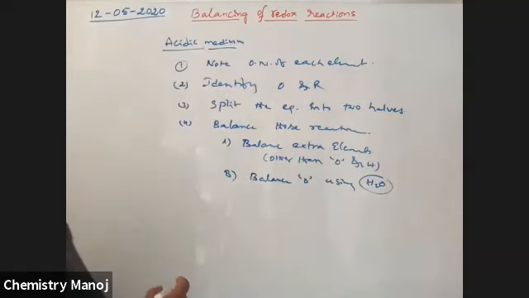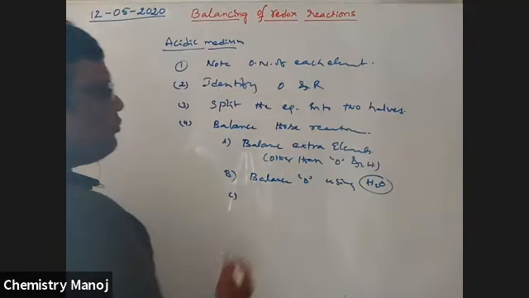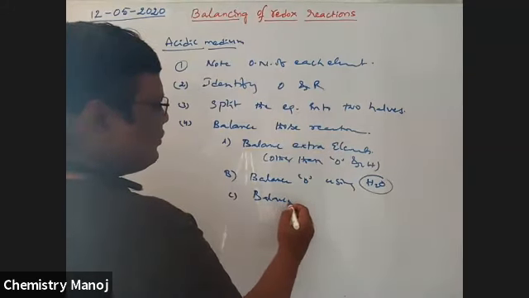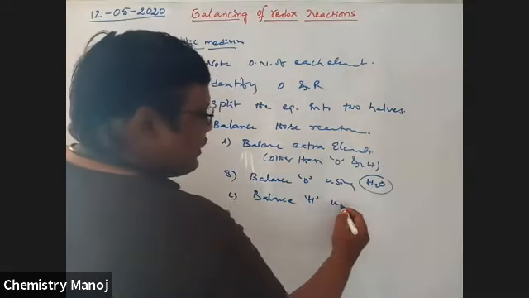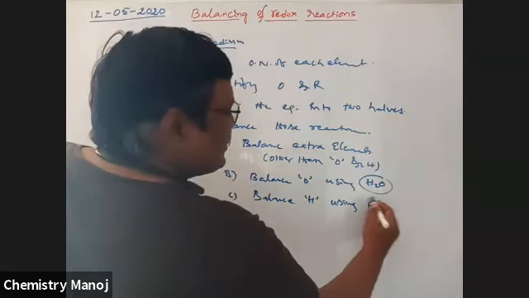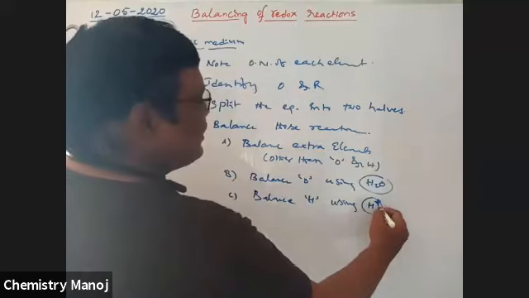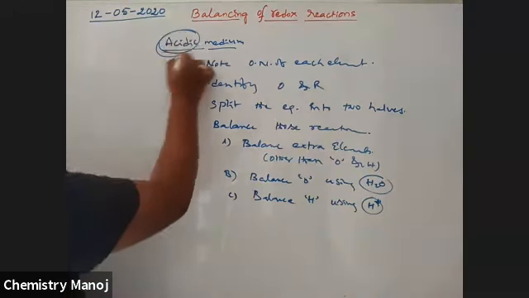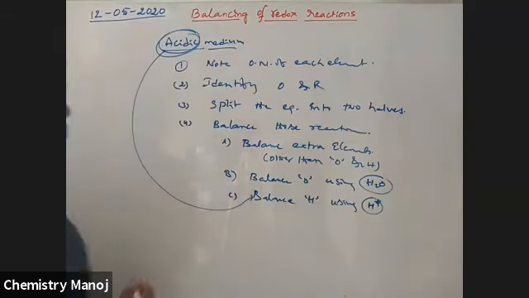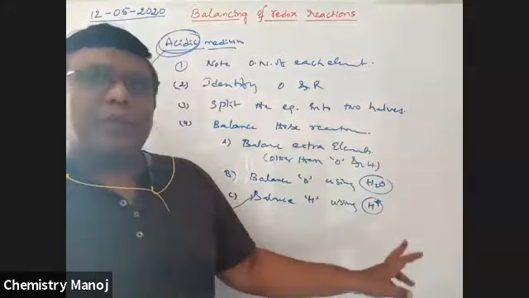So next one, balance hydrogen using H+ in the required side, that is RHS or LHS, in which hydrogens are short. Mind it, now I am in acidic medium. In acidic medium, balancing of hydrogens uses H+. Be careful.